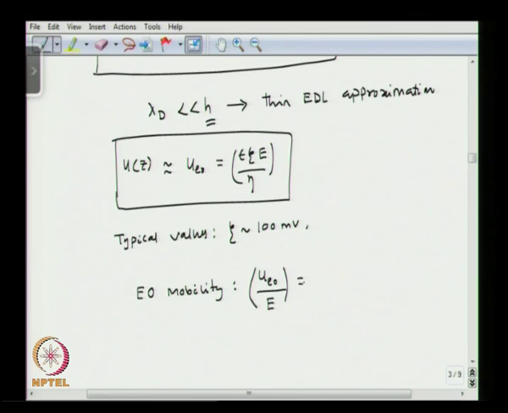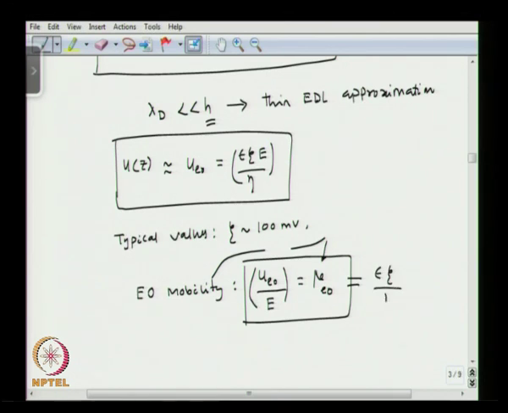This is given by the symbol mu subscript EO, which is nothing but you can write this also as epsilon zeta over eta.